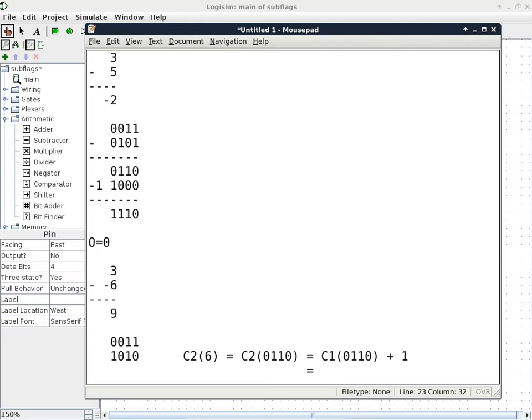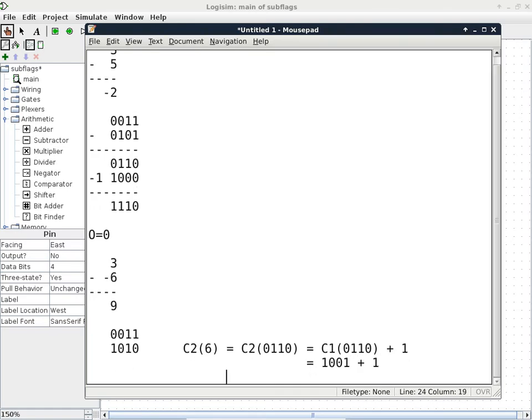Everything that is a 1 becomes a 0, and all the zeros become a 1. So this becomes 1001 in binary plus 1, and 1001 plus 1 is 1010. So I just double checked and made sure that the representation of -6 with 4 bits is in fact 1010.